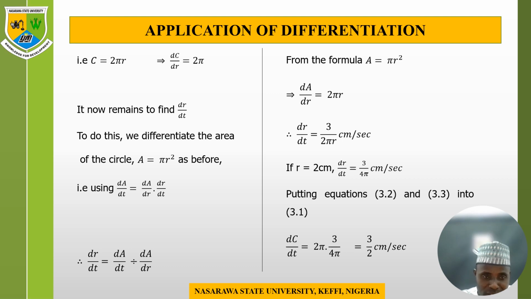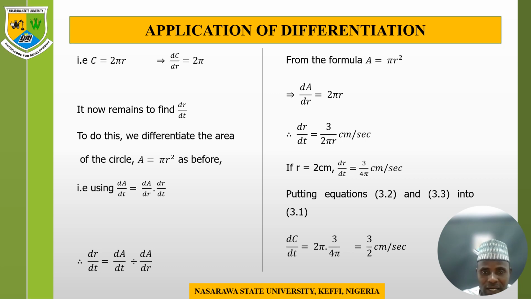From there we determine the value of dr/dt, to see how the radius increases. Our dA/dt is 3 centimeter square per second, and our dA/dr is 2πr when we differentiate the area of the circle. So the result is dr/dt equals 3 all over 2πr centimeter per second.